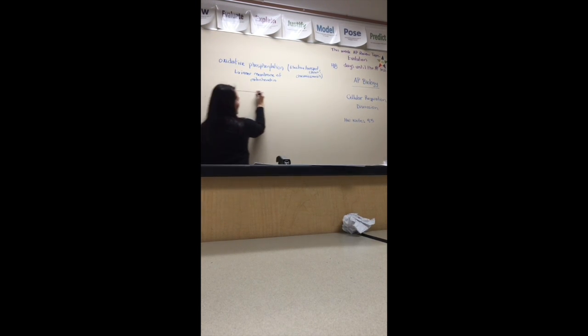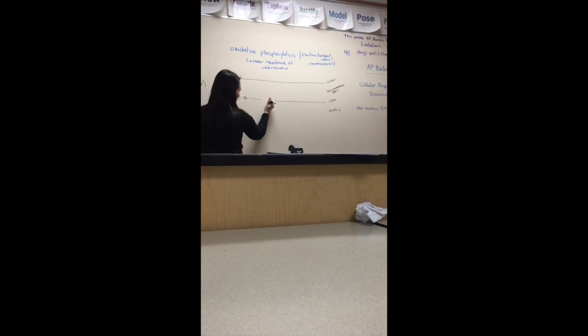This is my outer membrane. This is my inner membrane. This is the inner membrane space. And then this is the matrix of the mitochondria. Within my inner membrane, I'm going to have a series of proteins, so protein channels within my inner membrane here.